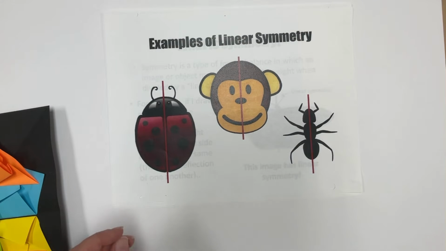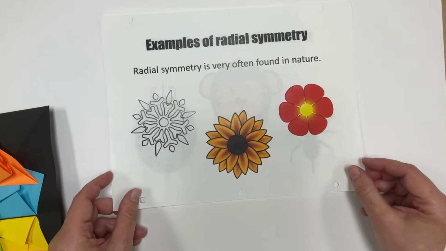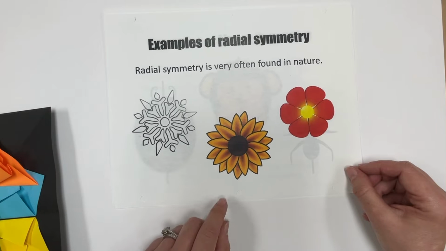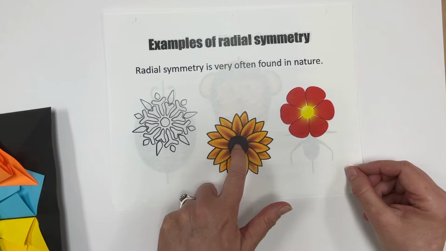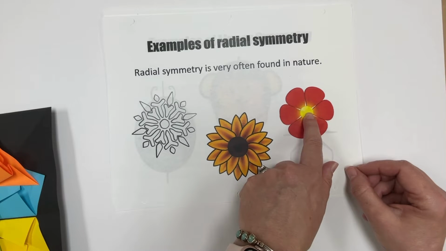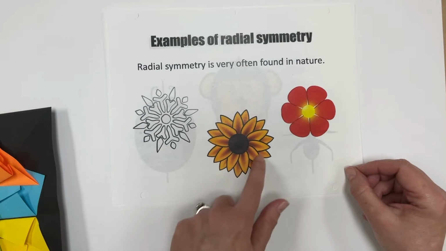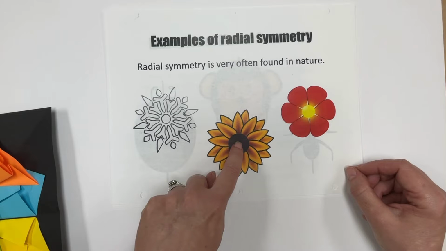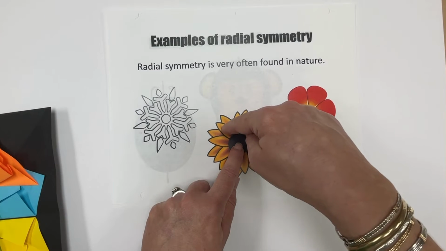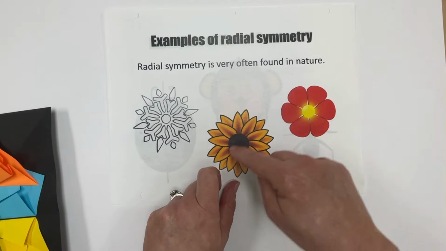There's also something called radial symmetry, and that's often found in nature. And that's when you have a central axis or point, so you can see where the center of each of these would be, and everything is the same that goes around that point. So if this is the center of this flower, the things on opposite sides are the same.